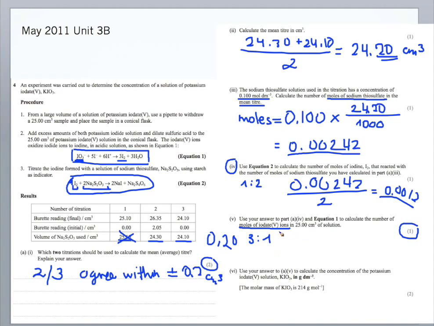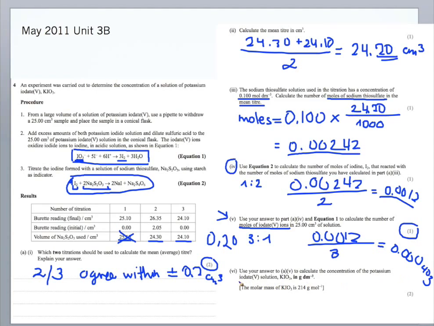Therefore, to get the moles of iodate 5 ions, we need to divide 0.0012, which is the moles of iodine, by 3, which will give us 0.000403.